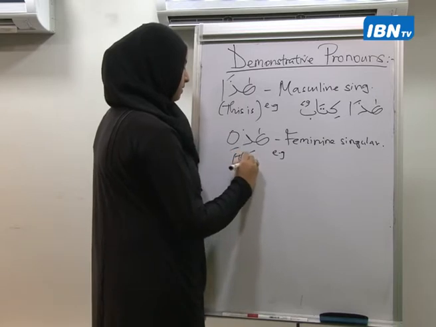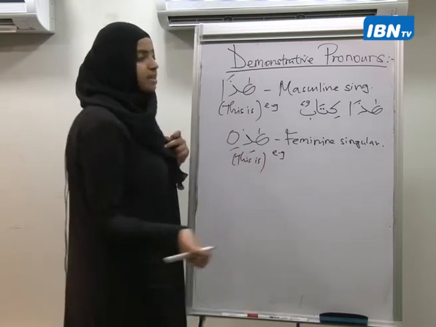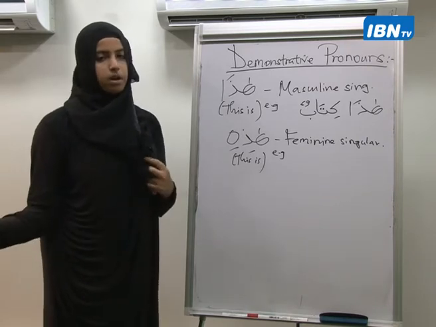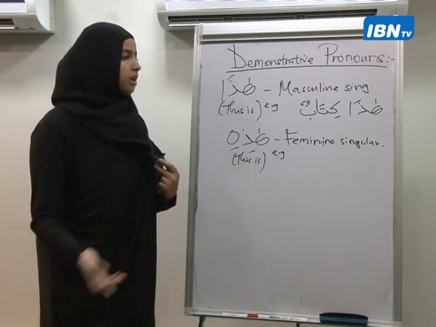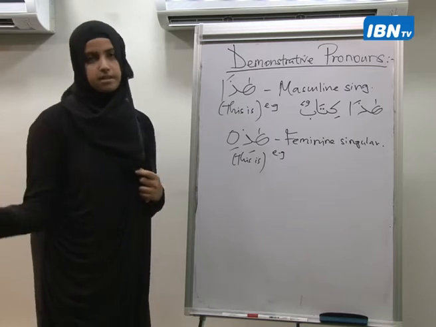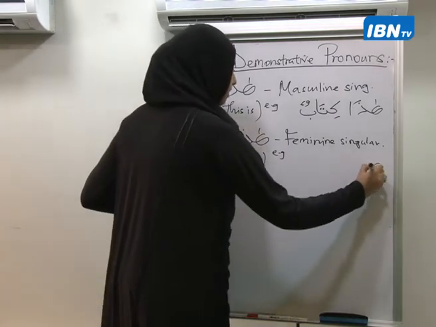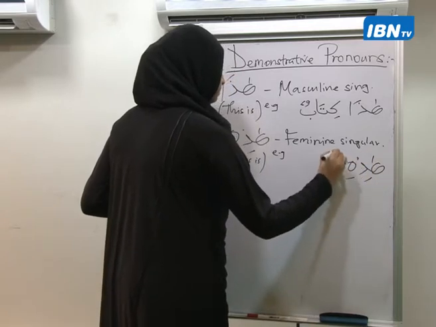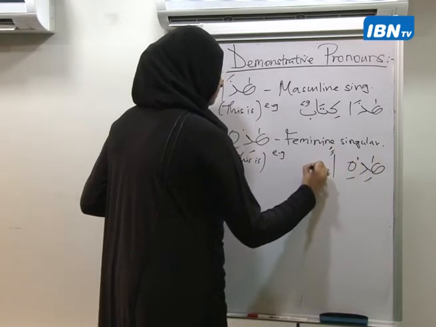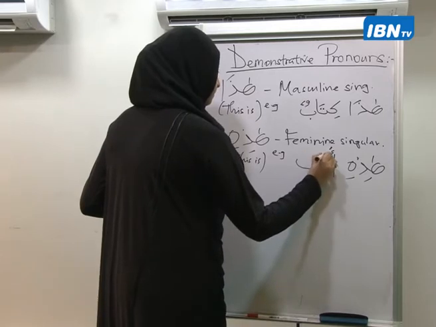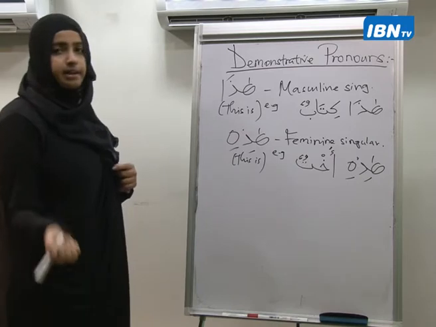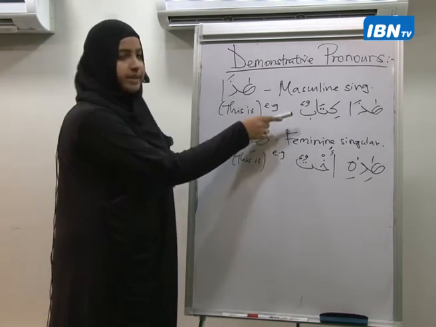This also means this is, and we said in the example any feminine word ending with a ta marbuta or relationship like ukhtun. So if I want to say this is a sister, hadhihi ukhtun. Right. So we had done demonstrative pronouns for masculine singular.